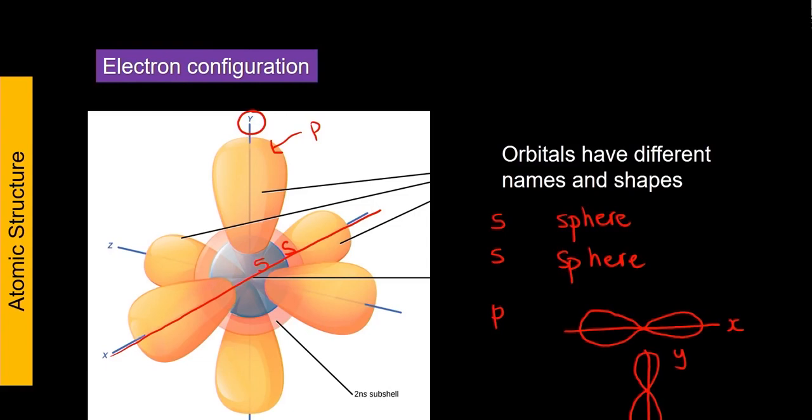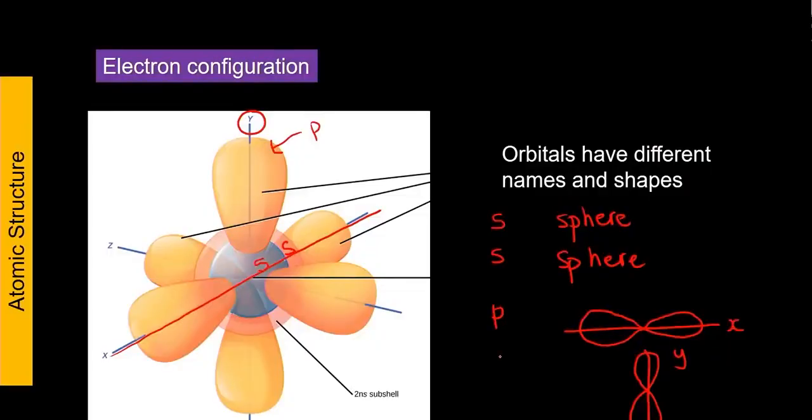Now, because this is a 3D entity, three-dimensional, there has to be a z axis. And so this is how it looks. I'm going to draw this like this, first of all. So there is the y. Here is the x. Okay. What about the z?